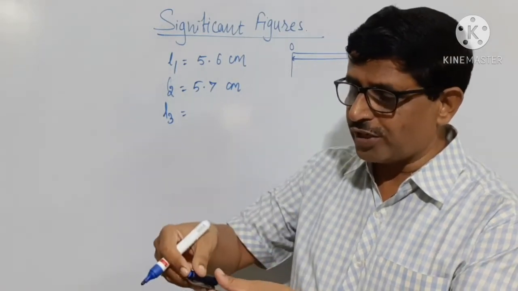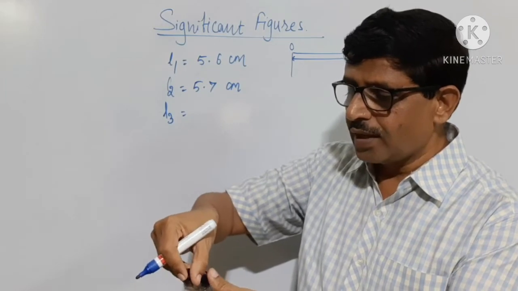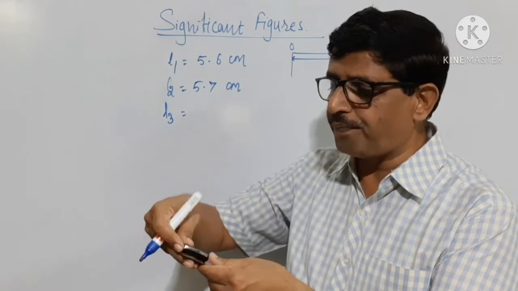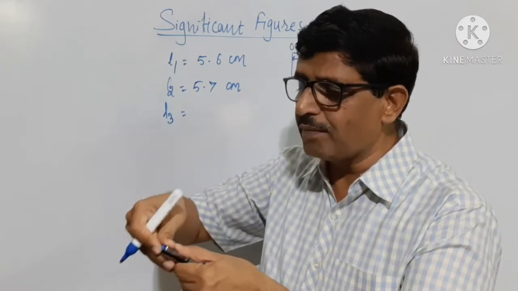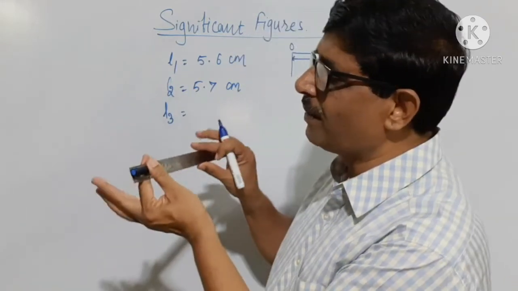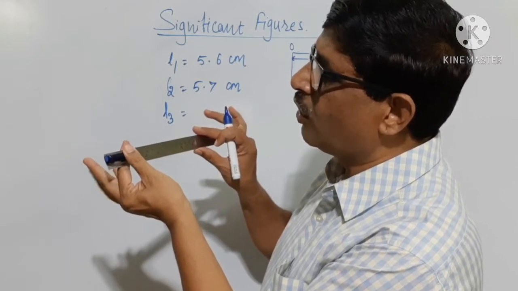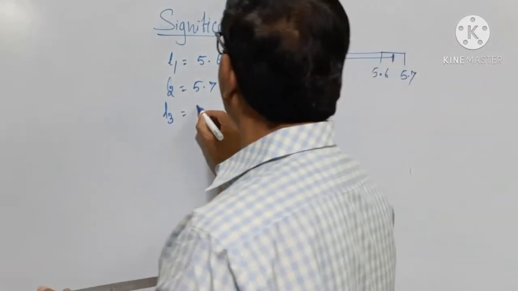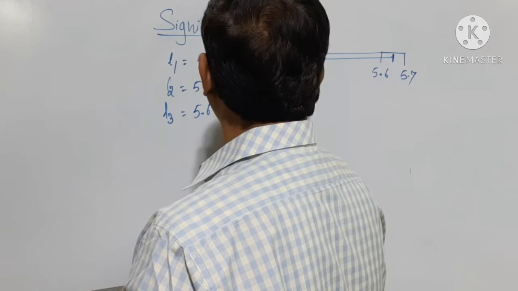For the third observation, after rotating the cap, I will repeat the same, keeping one end on 0 millimeter and observing the length, and again it seems to be 5.6 centimeter.